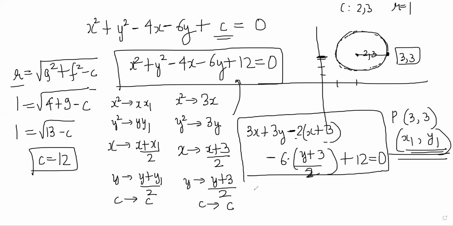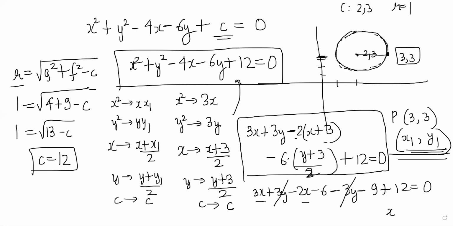So you get 3x plus 3y minus 2x minus 6 minus 3y and minus 9 plus 12 is equal to 0. So notice y gets cancelled and it becomes 3x minus 2x, minus 6 minus 9 plus 12. So x minus 3 is equal to 0. X is equal to 3 is my line. X is equal to 3 is the vertical line like this.